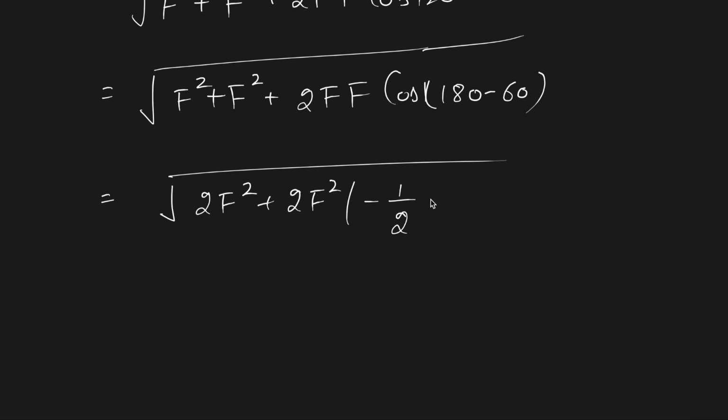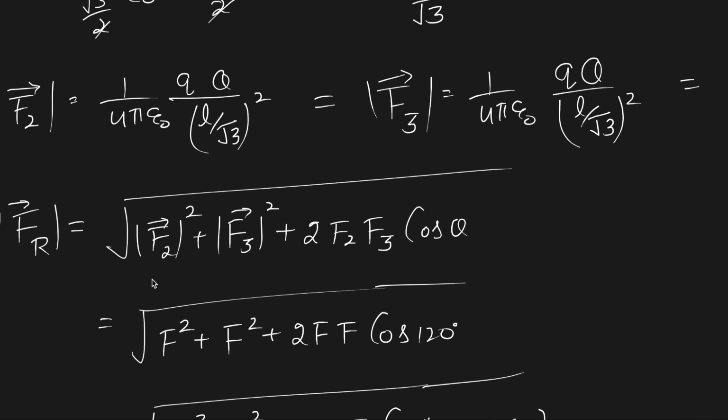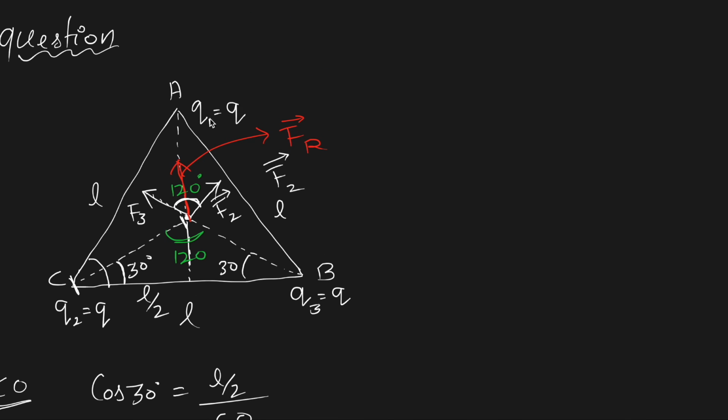Cos 60 degrees comes out to be 1 by 2, then the 2 will cancel out, and minus F squared, and the resultant comes out to be F, simply the magnitude F.